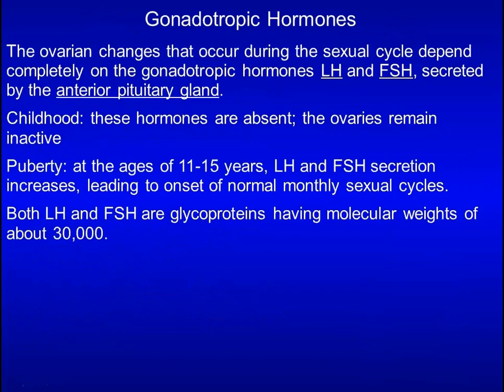The ovarian changes that occur during menstrual cycle depend completely on these 2 gonadotropic hormones, luteinizing hormone and follicle-stimulating hormone. These hormones are absent during childhood, but the secretion of these 2 hormones increases at puberty.